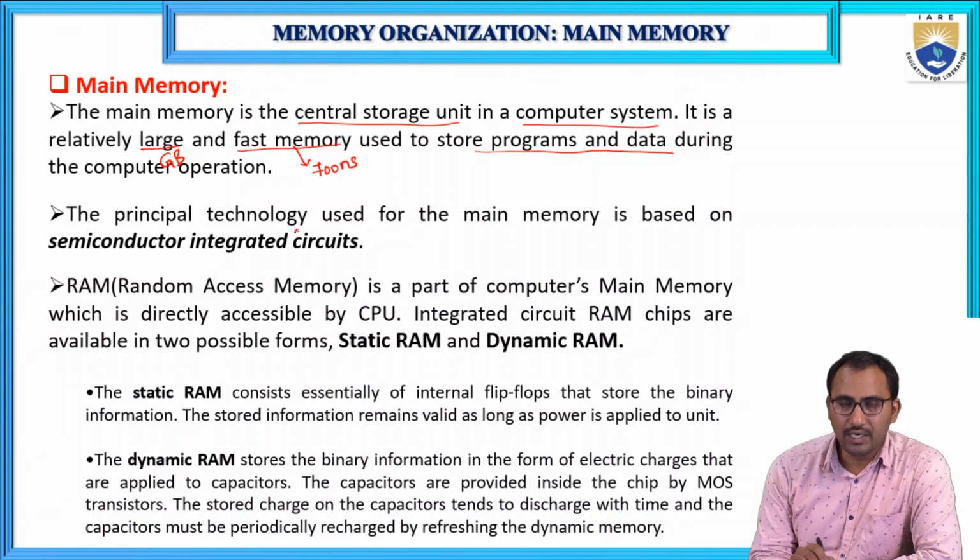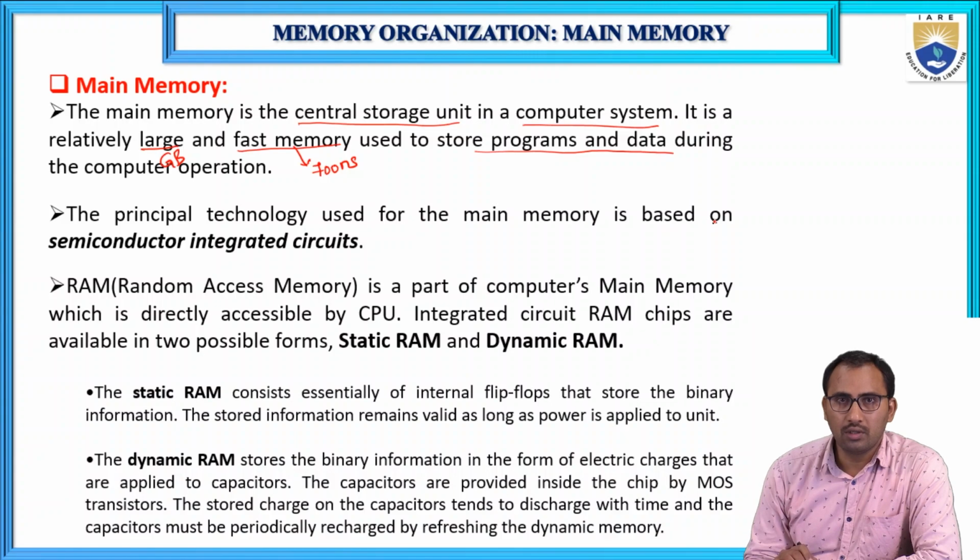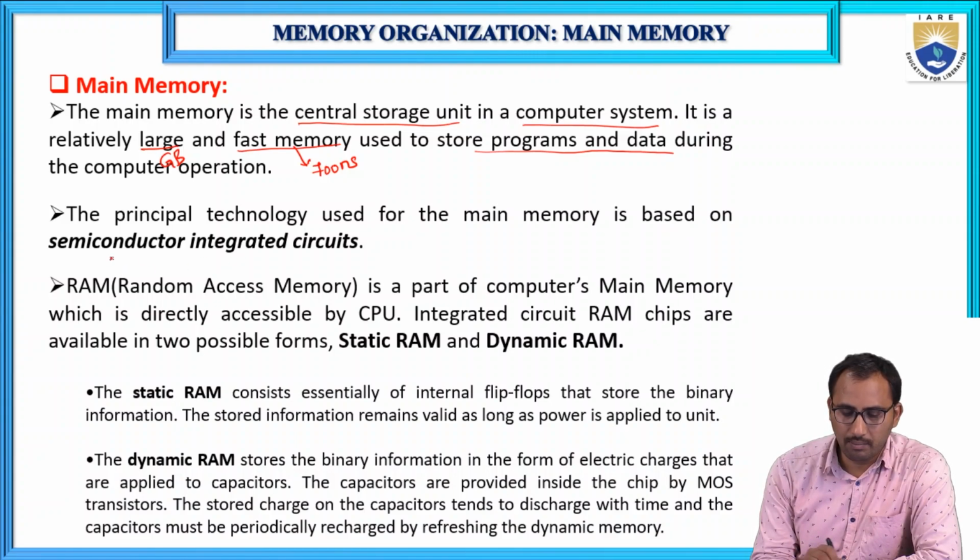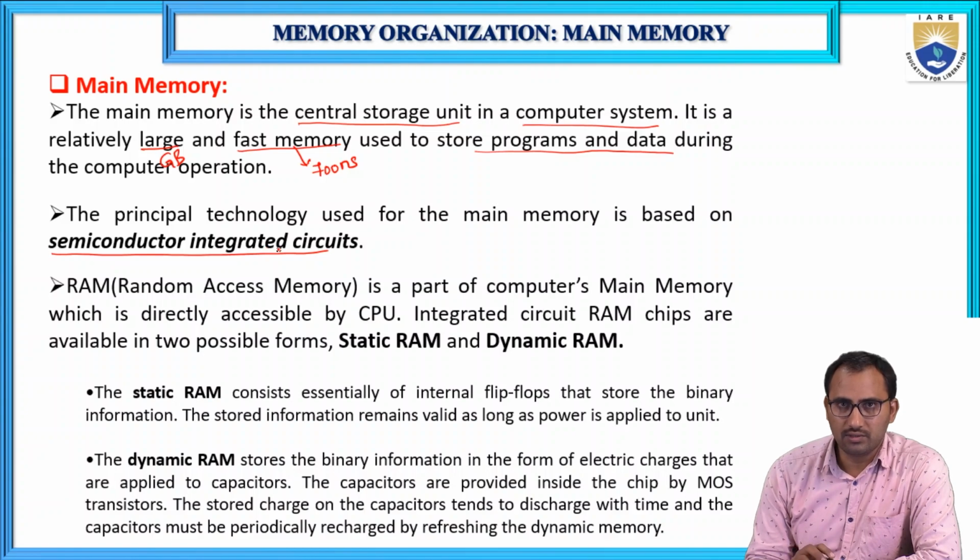The principal technology used for the main memory is based on semiconductor integrated circuits. RAM is a part of the computer's main memory which is directly accessible by the CPU.